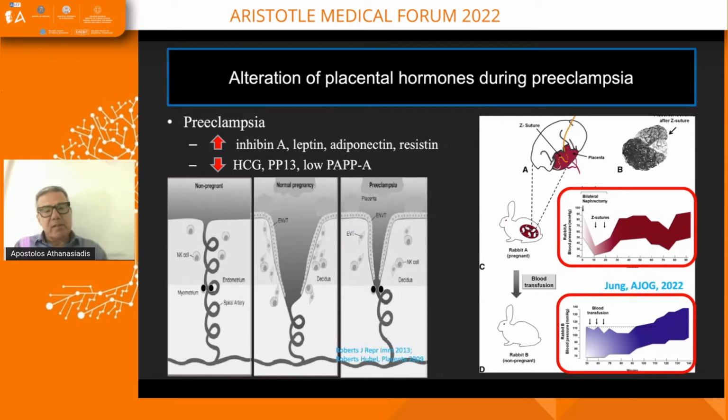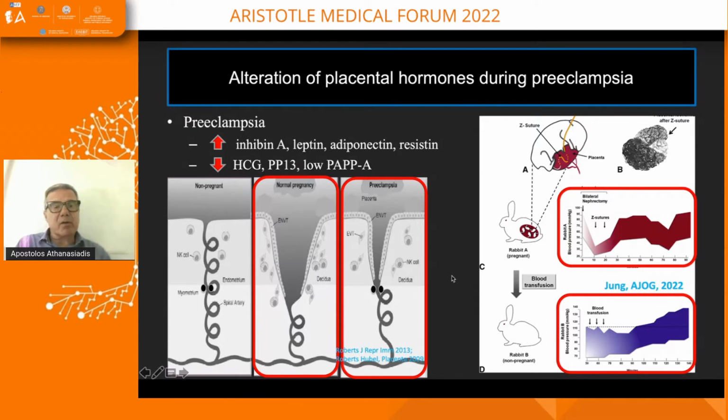And this is probably explained by the spiral artery. This is the normal spiral artery. We see here the myometrium and the endometrium. We can see how it is in normal pregnancy: because the fetus needs blood, it destroys the spiral artery to have more blood. And we can see that in preeclampsia, this doesn't happen.